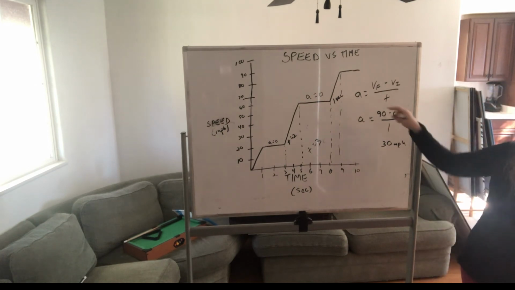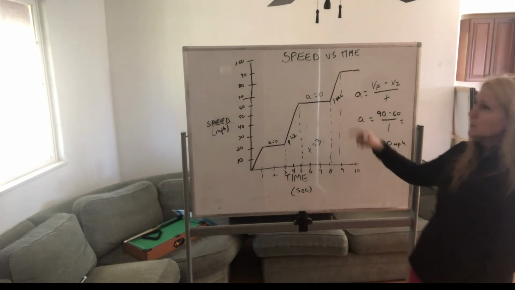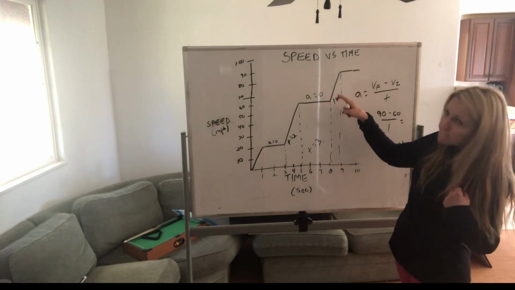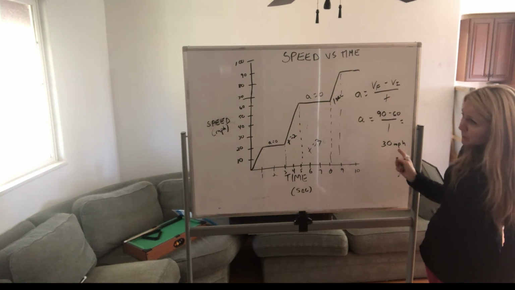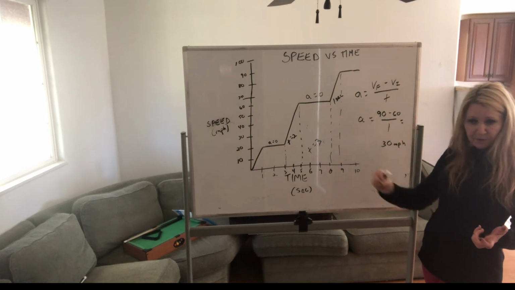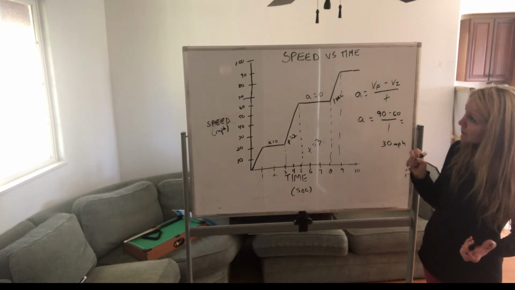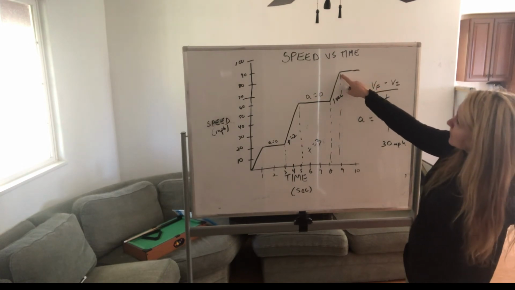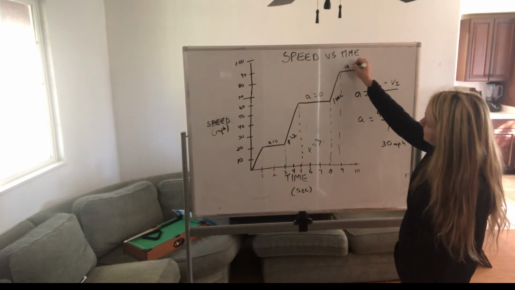So here, acceleration is faster. In other words, it's accelerating faster. It's speeding up more right here. The slope looks a little different. So 30 miles per hour per second is the amount that the car is speeding up. For every second, it's increasing by 30 miles per hour. Here, we're at 90. There's no change in speed, so acceleration is 0.